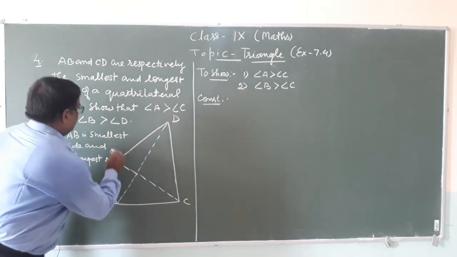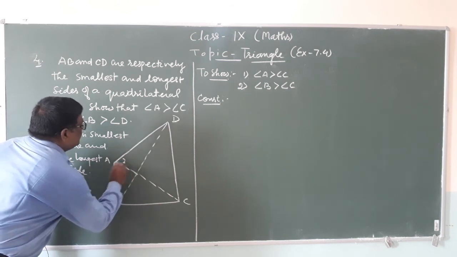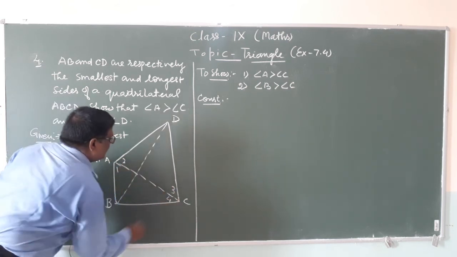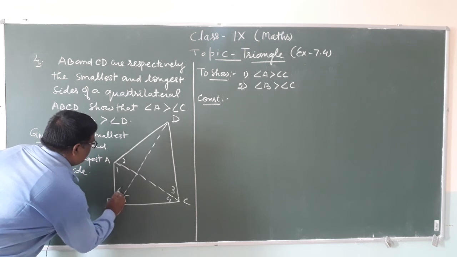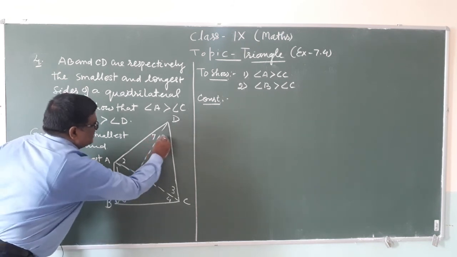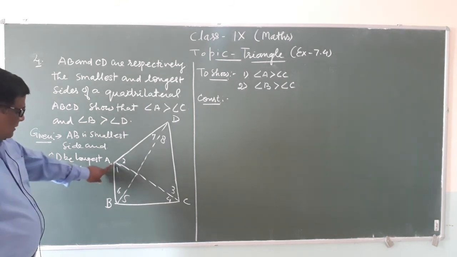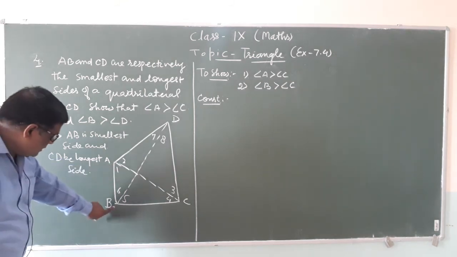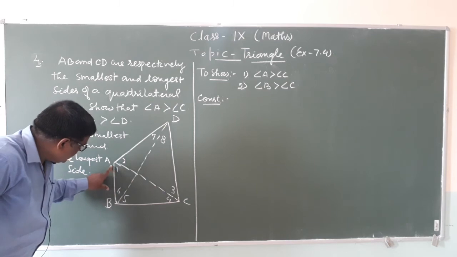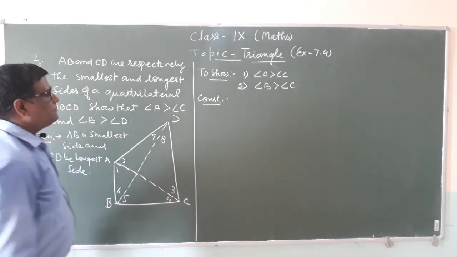Now write this angle 1, angle 2, angle 3, angle 4, angle 5, angle 6, angle 7, and this is angle 8. First of all, we look in triangle ABC.